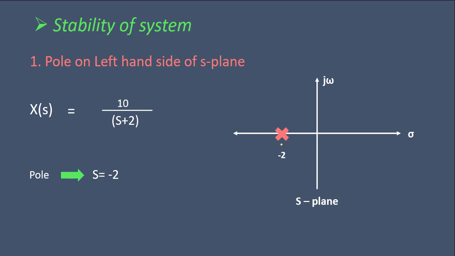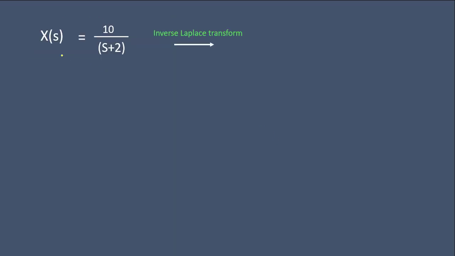In order to go in detail, first let us find the inverse Laplace of the given transfer function. We have X of s which is 10 upon s plus 2. Its inverse Laplace will be x of t, and the inverse Laplace of 10 upon s plus 2 will be 10 e raised to minus 2t into u of t.